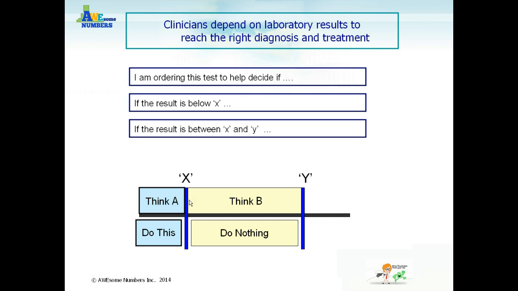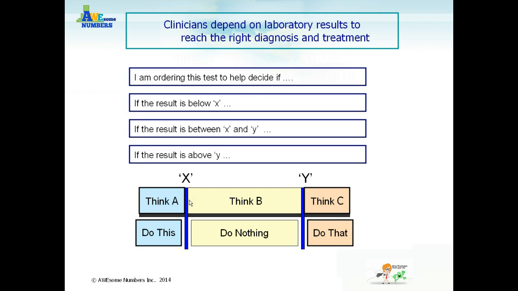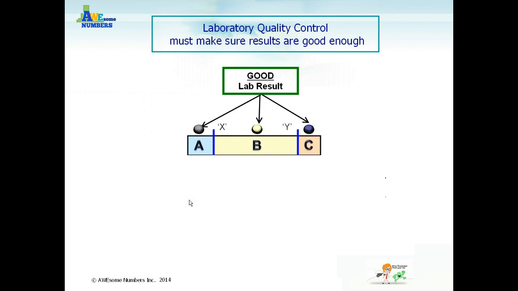If the result is, say, between X and Y, they're going to think something else, and this requires no action. If the result is above a certain point, they're going to think something differently and take different action. The patient will receive different treatment depending on where the lab reports the result.